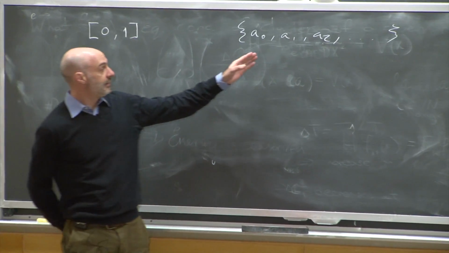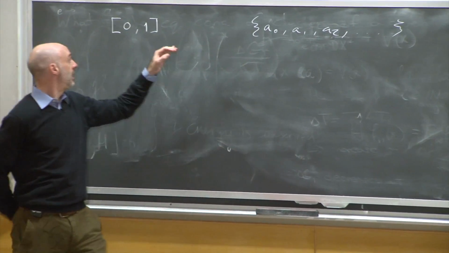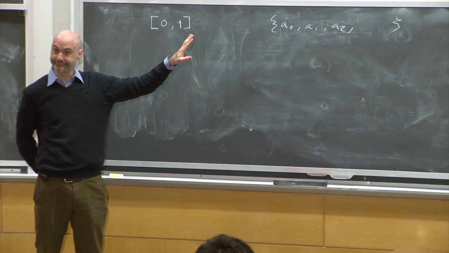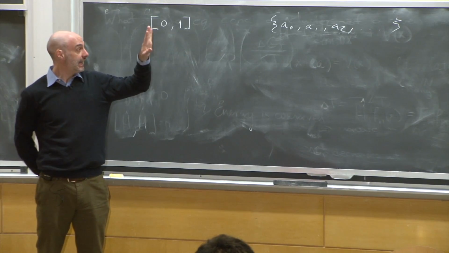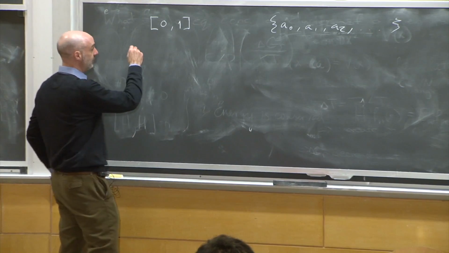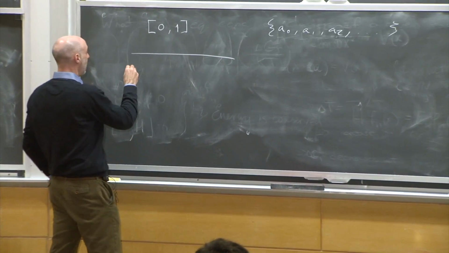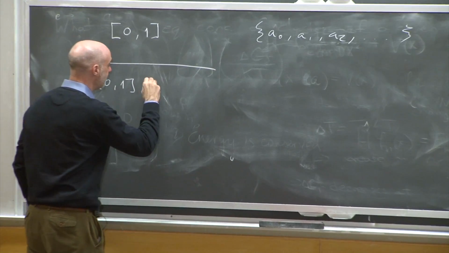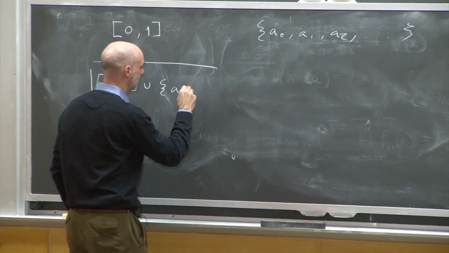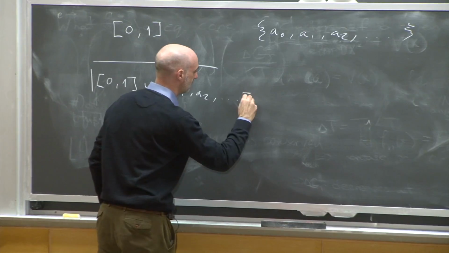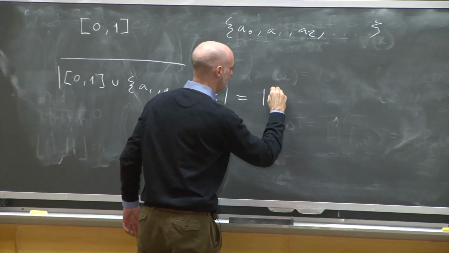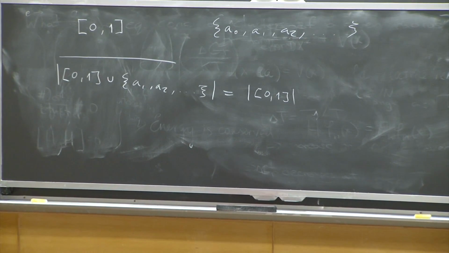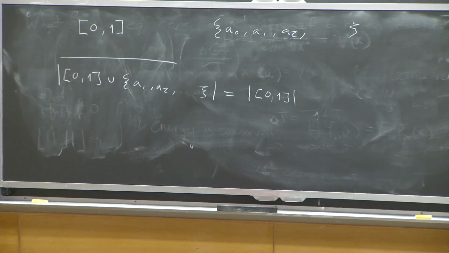I'm going to assume that all of these are different, and that none of them are in here. So these are disjoint. Here is a cool result that will be very, very useful: the cardinality of the combined set equals the cardinality of just 0, 1.